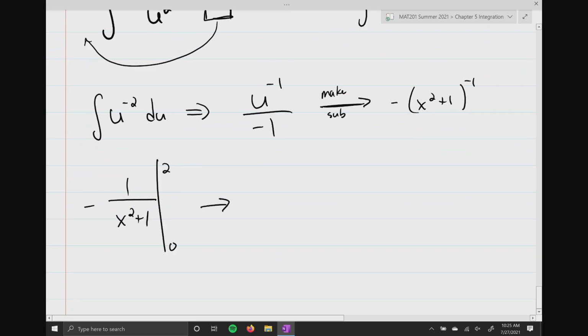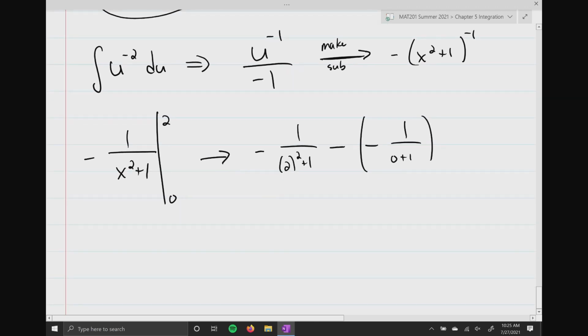Okay? So, my upper limit first, 1 over 2 squared plus 1, minus my lower limit, negative 1 over 0 plus 1. So this is going to give me negative 1 over 2 squared is 4 plus 1 is 5, so this is negative 1/5.